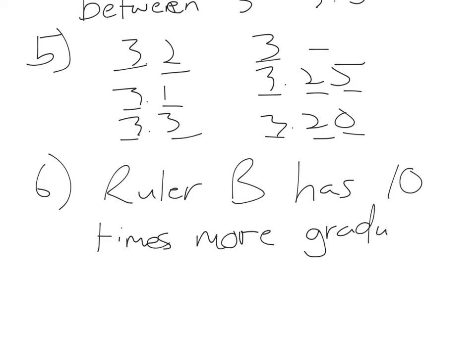A marking on a device used to make a measurement is often referred to as a graduation. You might remember this from chemistry last year, a graduated cylinder, or chemistry this year if you happen to be in a chemistry class taking this POGIL. So ruler B has 10 times more graduations than ruler A.